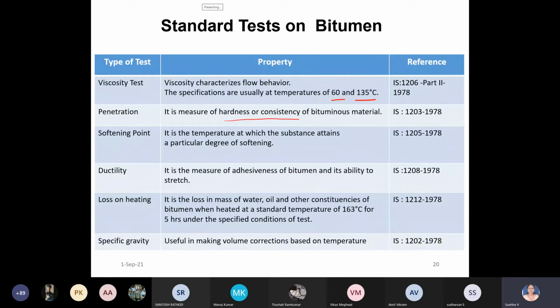Ductility is a measure of adhesiveness of bitumen and its ability to stretch. Then loss on heating: while heating the bitumen, how much material is lost. Then specific gravity, as you do for aggregate. Specific gravity is required for the mix design.